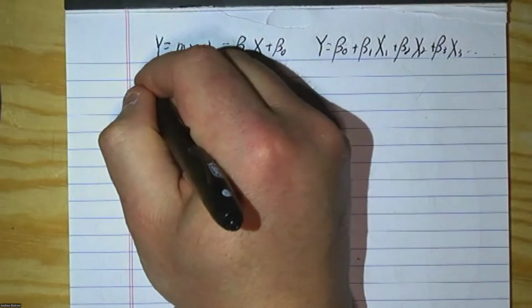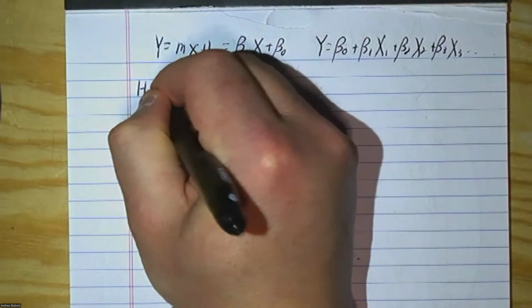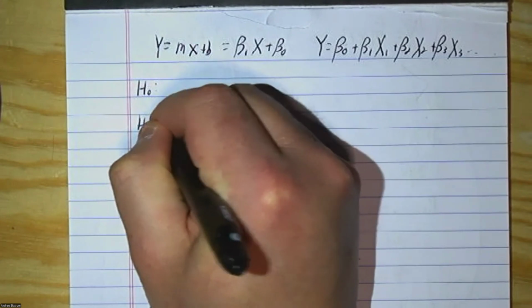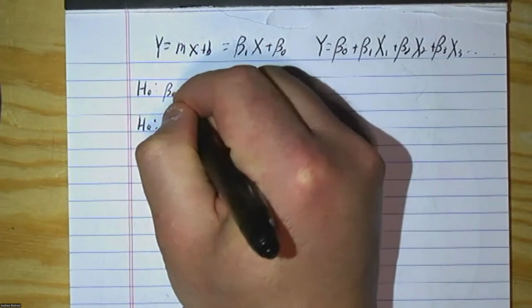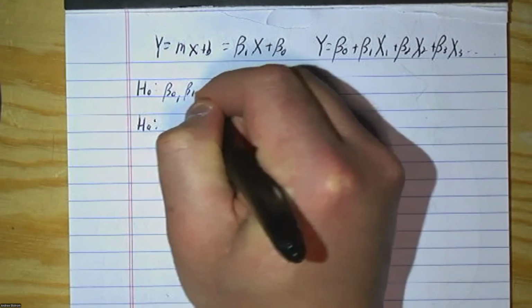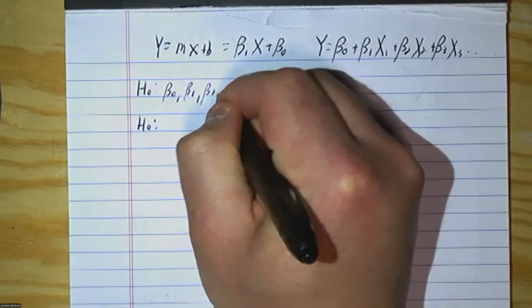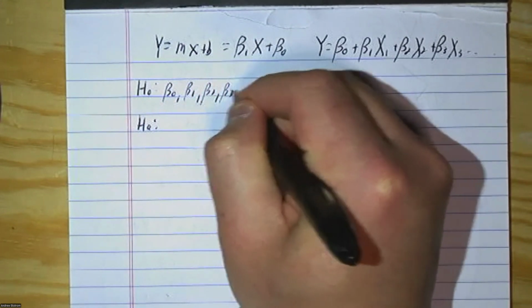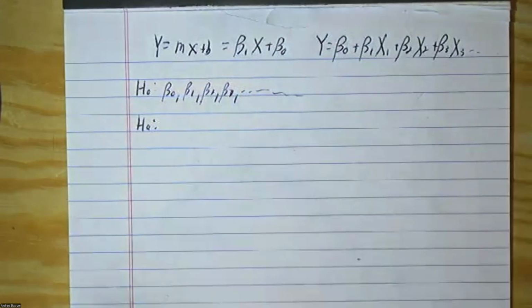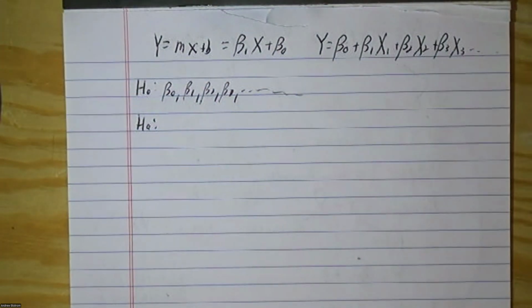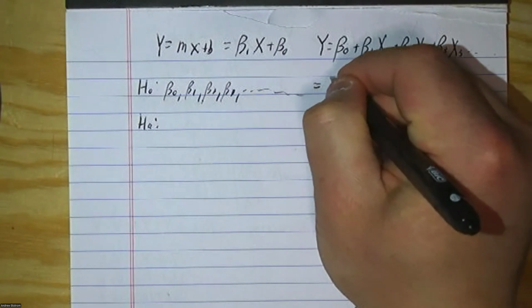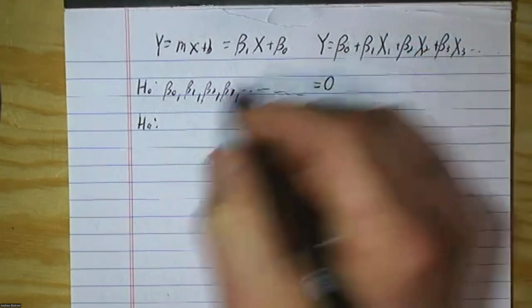With all of these, we're going to be doing hypothesis tests where the null is that beta 0, beta 1, beta 2, beta 3, and however many more variables we're looking at, are equal to 0.